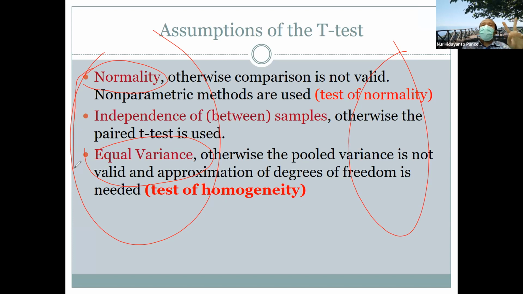So whether the variance between these two groups is equal or homogeneous, or whether the scores within these two groups are normally distributed or not.